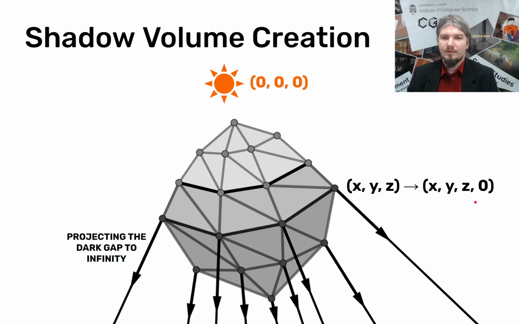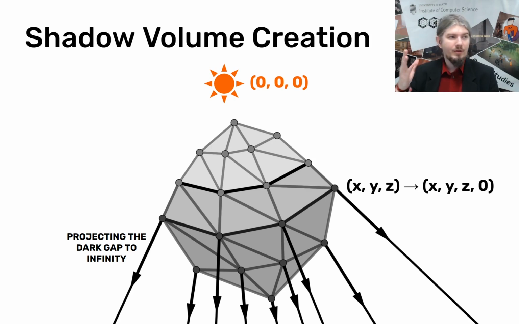Remember, in the very first videos, when we talked about these homogeneous coordinates, I mentioned that vectors are points located in infinity. So this is what happens here. If you put 0 in the positional coordinate of your vertex in the vertex shader, then the GPU is going to project that XYZ into infinity.